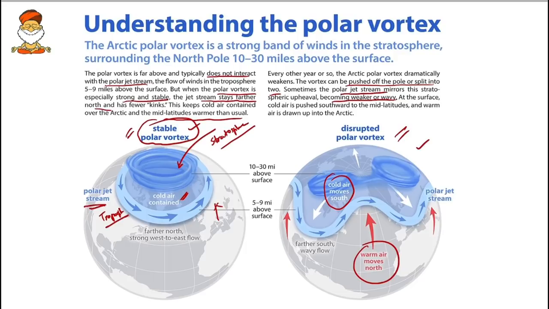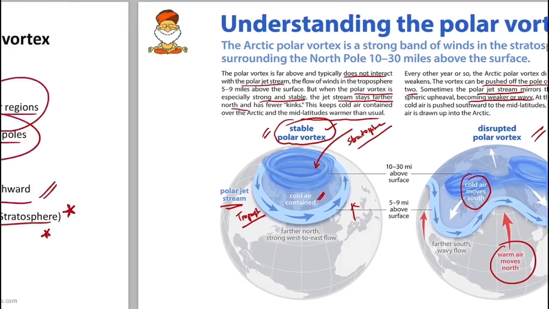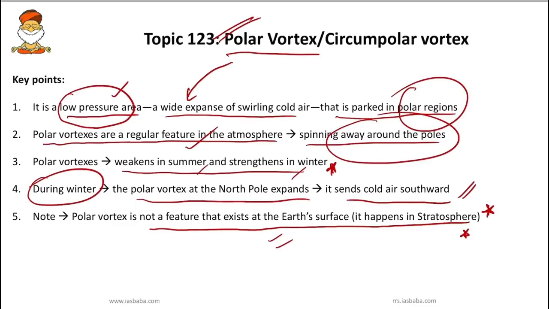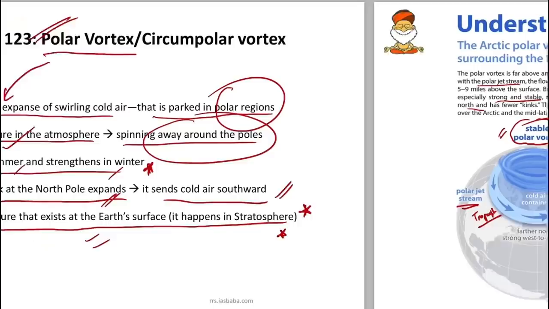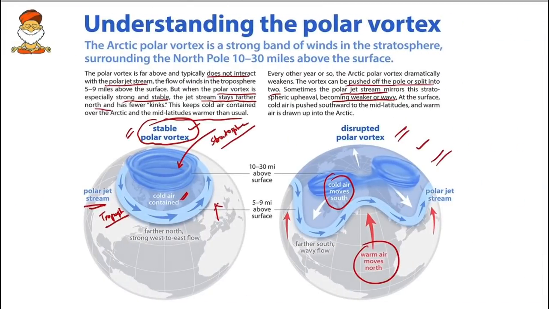Because of this wavy or meandering pattern, the cold air which was collected or confined will be pushed towards the south along with the rest of the polar vortex system. So in simple terms, we can explain this concept. During winter, the polar vortex at the North Pole expands, because of the disruption or weakening of the vortex.